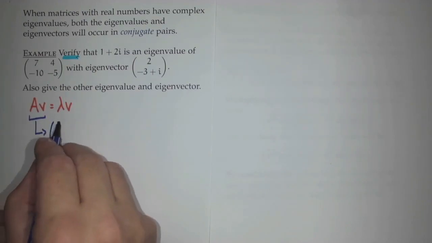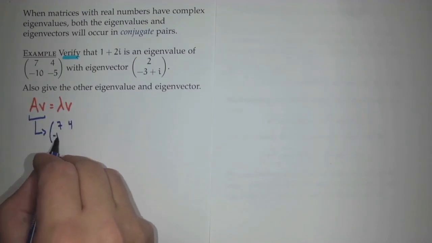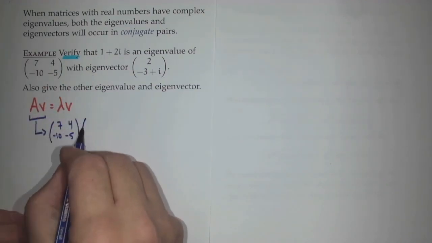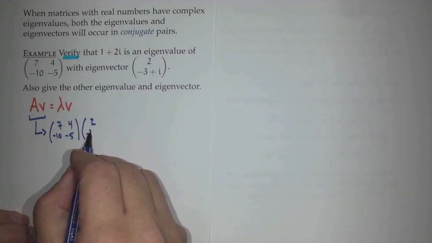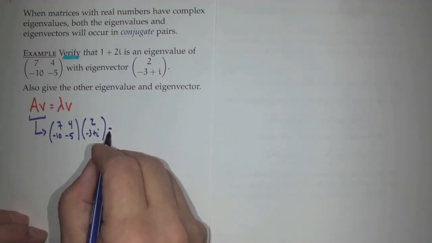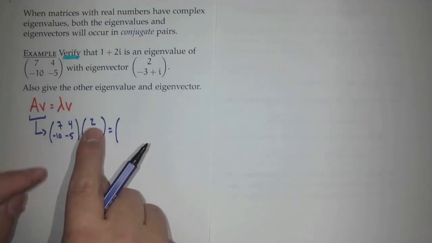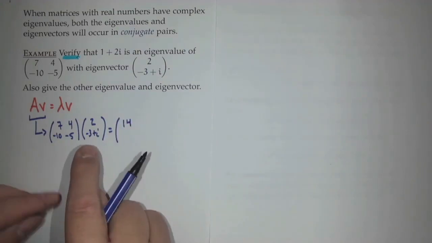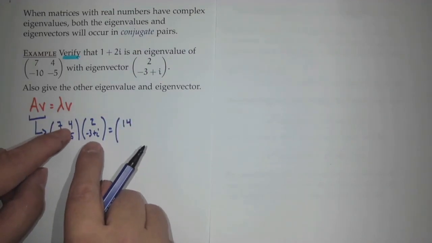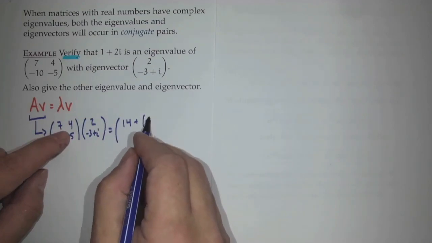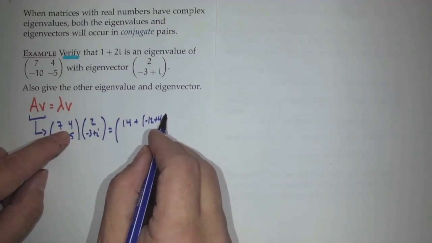Well, that's [7, 4; -10, -5], the A, times the v, (2, -3 + i). So we're multiplying this out. 7 times 2, 14. 4 times negative 3 plus i, you just multiply the whole thing, so negative 12 plus 4i.